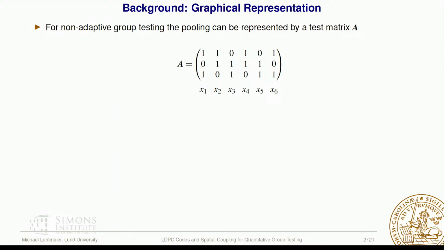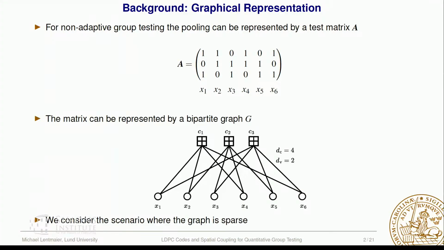And this is where we see the connection to codes on graphs, because we could just say every row of this, every test is an equation that corresponds to a check node in a bipartite graph. And these are just the items that are our variable nodes, and then we have check node degrees, variable node degrees. In this case, this is a 2-4 matrix, basically, like we know from LDPC codes.